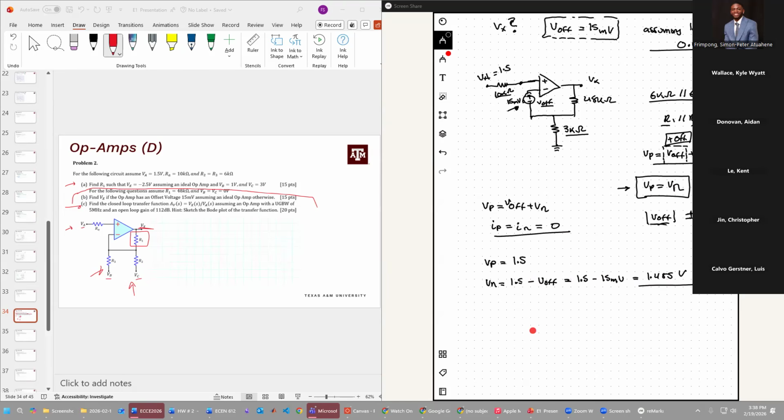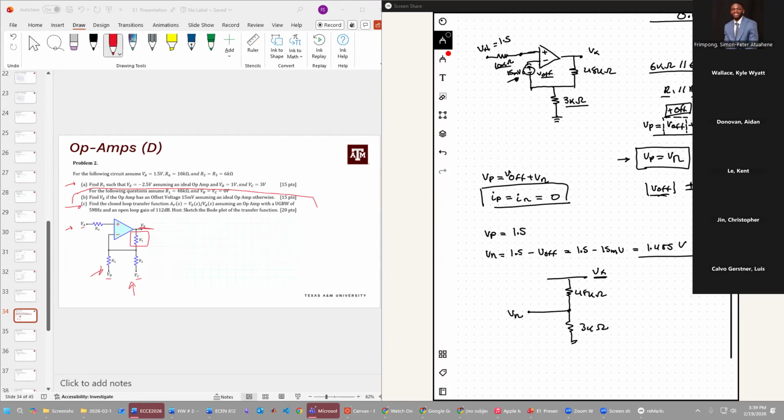The circuit just becomes a voltage divider if you think about it, because we have our output, this 48 kilo ohm resistor on the feedback, and then this 3 kilo ohm resistor. And remember, current doesn't flow into the negative terminal because we defined it up here, but we do know this voltage now, right? This is our VN. So to find Vx, this becomes a straightforward process.